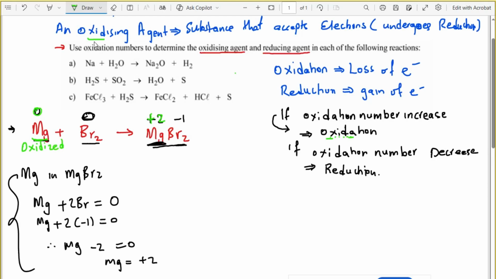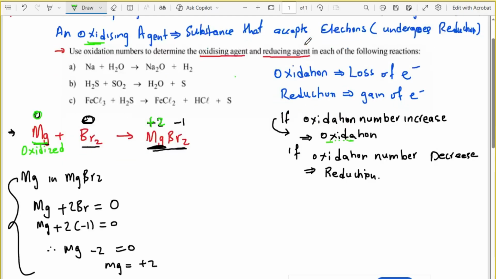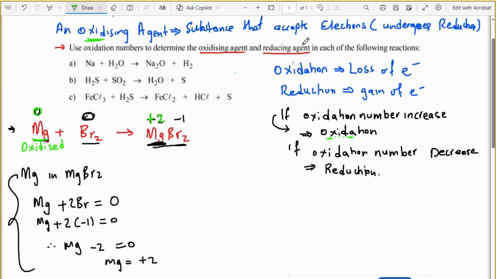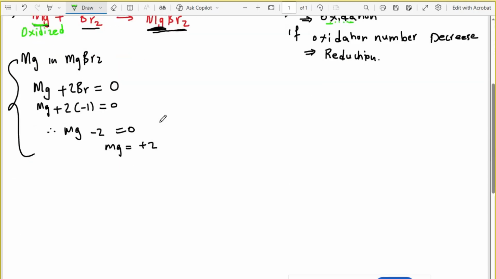Since it's oxidized, it's an oxidizing agent, and then it will undergo what? I'm not sure. If it's oxidized, it's a reducing agent. So oxidation, then it will be a reducing agent. So Mg is a reducing agent.